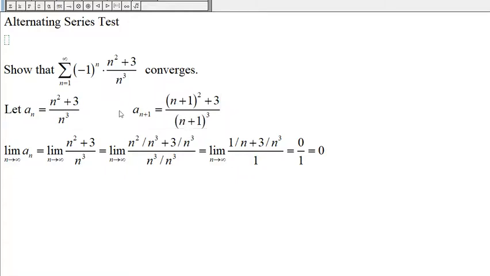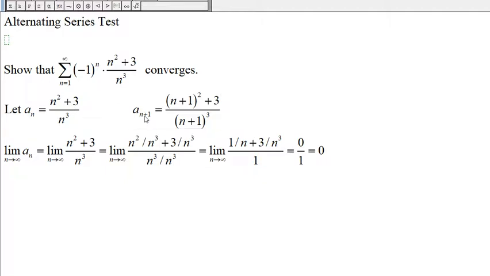And so this is going to be difficult to compare with this. And that's what we have to show. We have to show that a sub n is greater than or equal to a sub n plus 1, meaning we have to show that this sequence right here is decreasing.